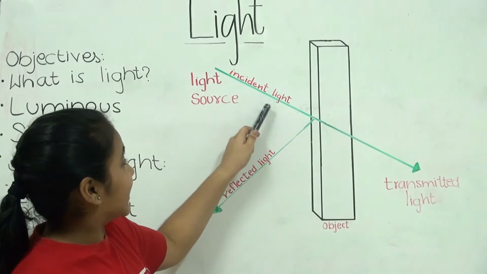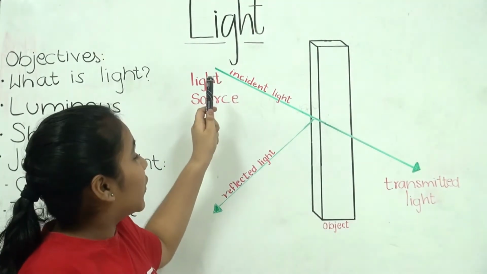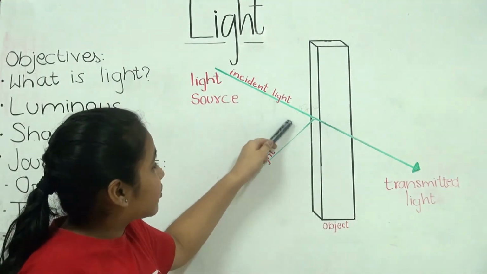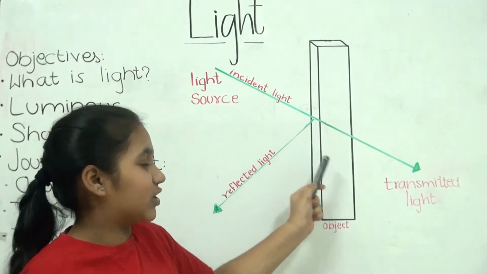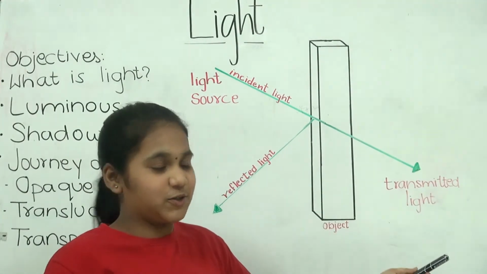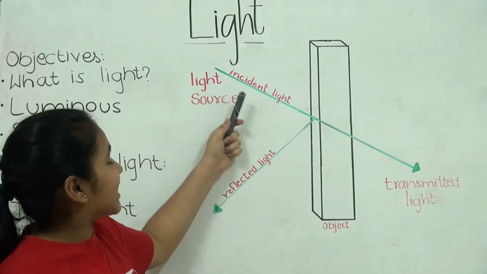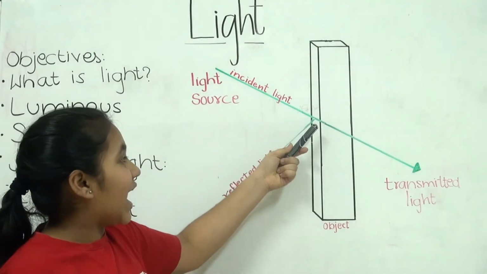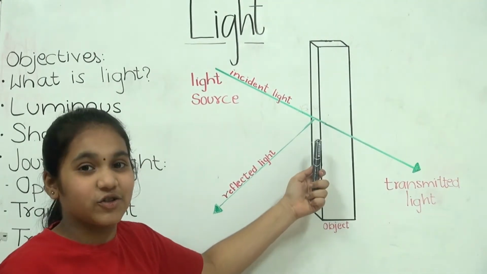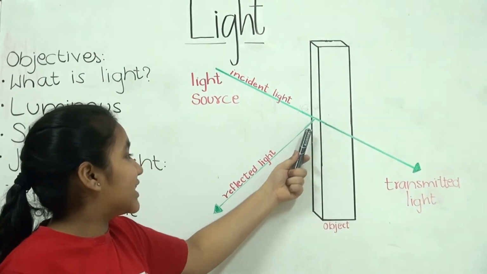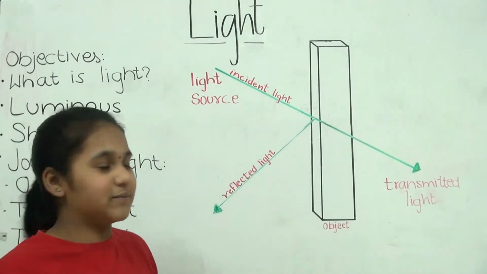So this light is called the incident light. When the light travels through any object or passes through, it is called transmitted light. At the same time, if the incident light is given and if the light is reflected, as we learned yesterday, it's called the reflected light.